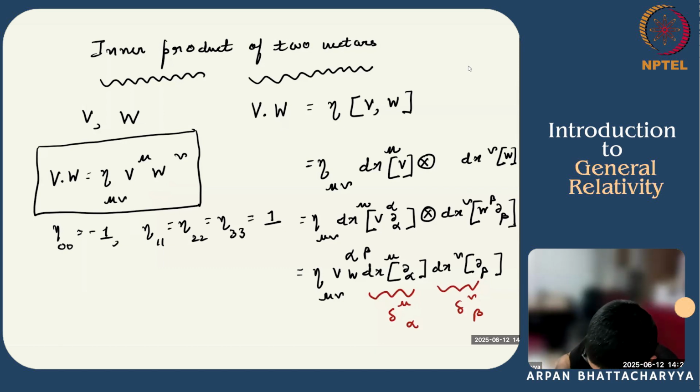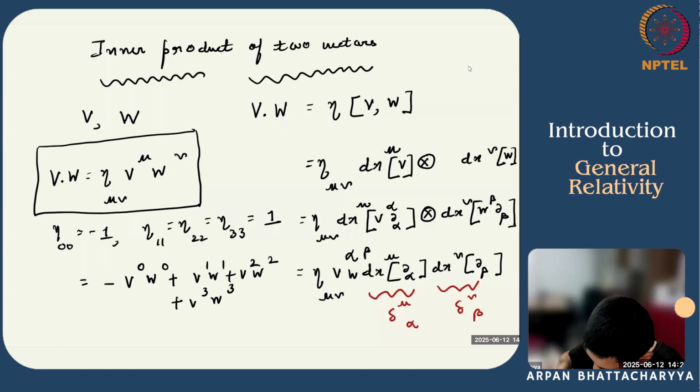The sum is v0 w0 times η_00, which is -1, and the rest of the terms are v1 w1, v2 w2, v3 w3.